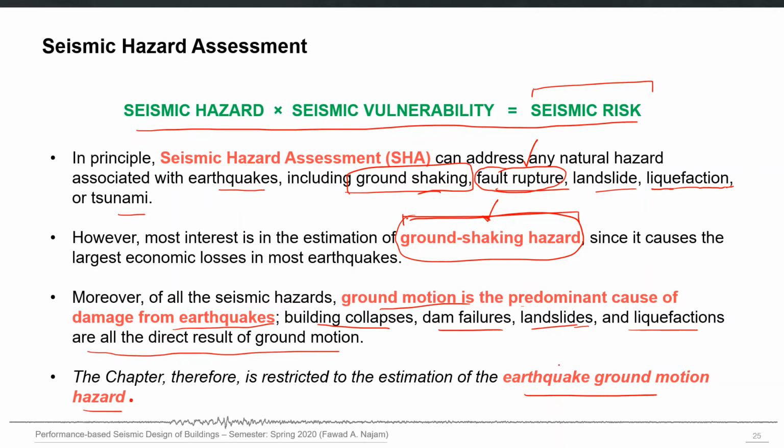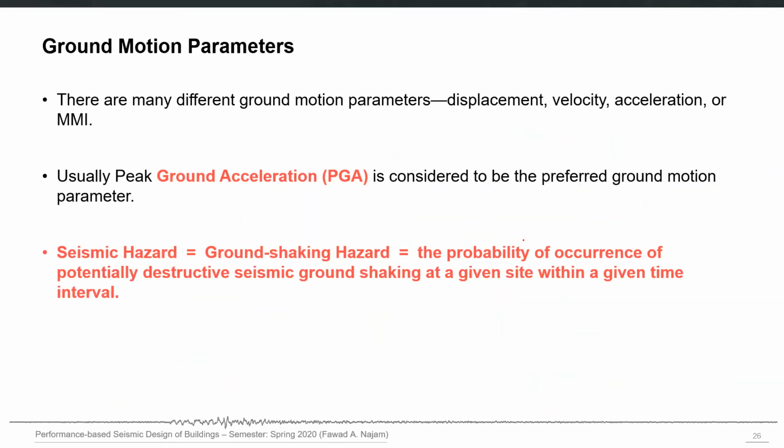So we will be discussing the earthquake ground motion hazard, the shaking or vibration of the earth's surface resulting from an earthquake. There are many different ground motion parameters which quantify the damage potential, or which tell us how high or low that ground motion is. Those can be displacement of the ground, velocity, peak value of velocity, peak value of displacement, or peak value of the ground acceleration.